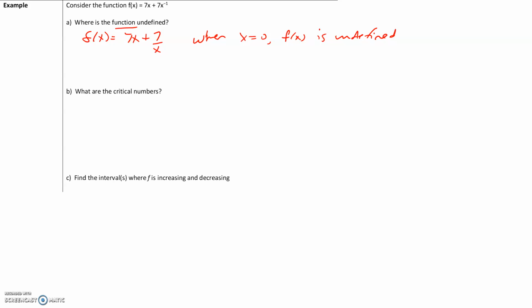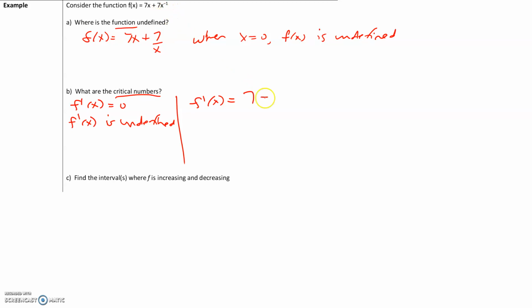Next, what are the critical numbers? Critical numbers occur when the first derivative is equal to 0 or when the first derivative is undefined. So we need the first derivative. f prime of x is equal to 7.